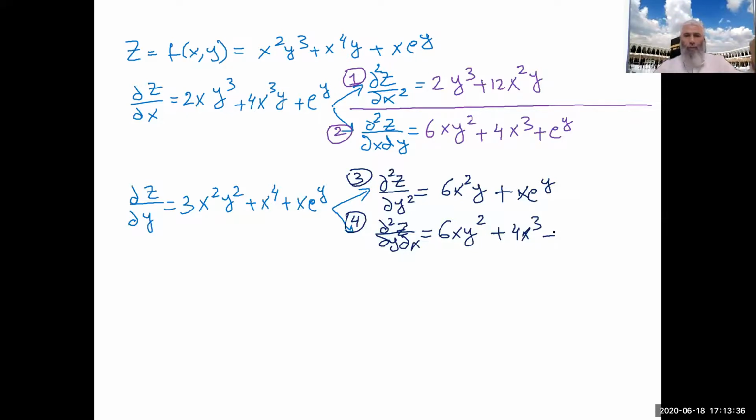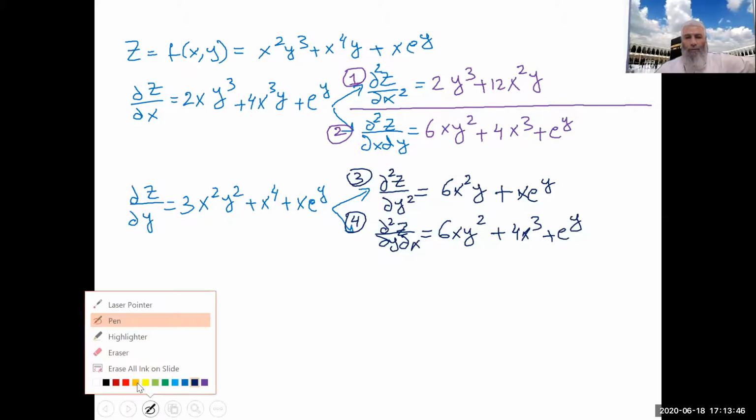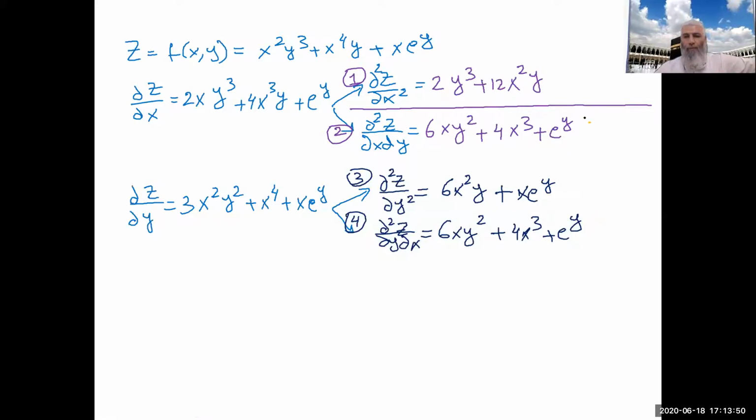Here, with respect to x, what is the derivative of x? Just 1. 1 multiplied by e to the power y. And you can see that this is like this. This is equal to this, d2z dy dx. I'm sorry.